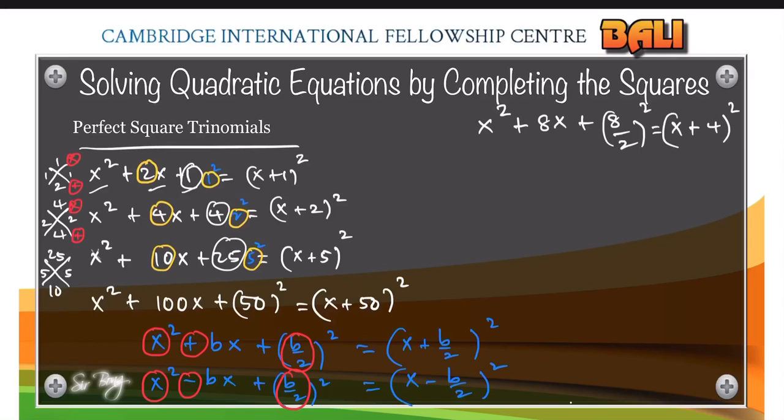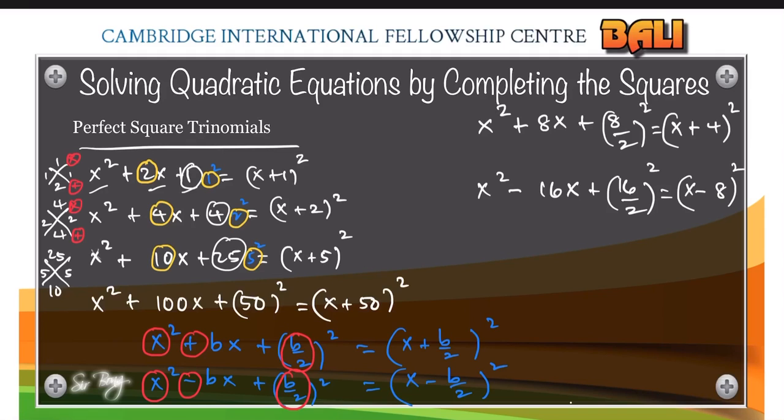Let's have another example. If this is x squared minus, say, 16x, so plus 16 over 2 squared, this will be x minus 16 over 2, which is 8, so x minus 8 squared.